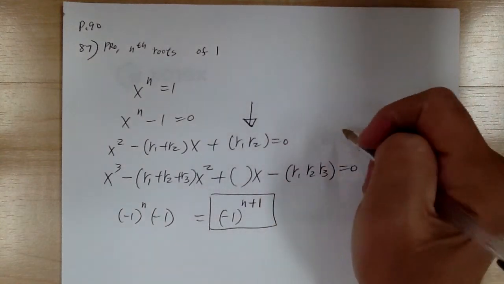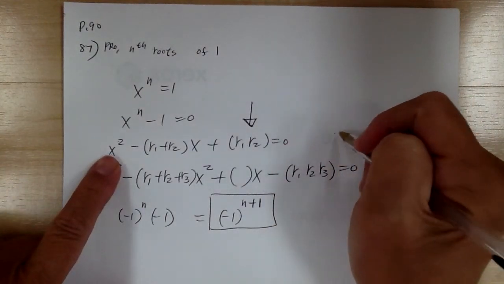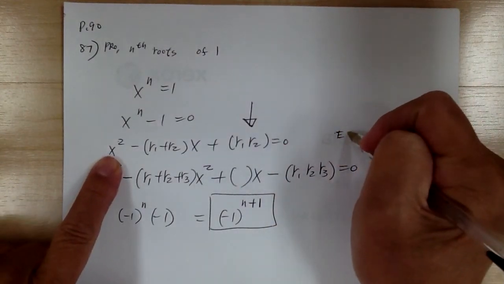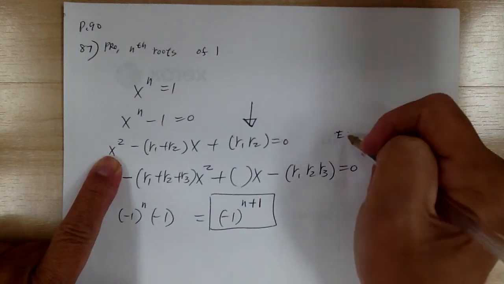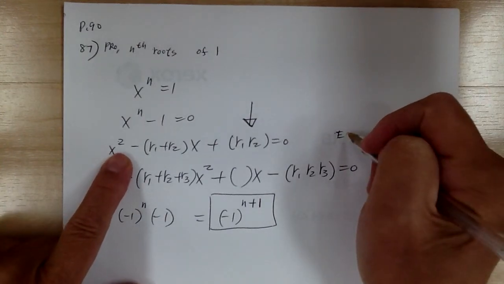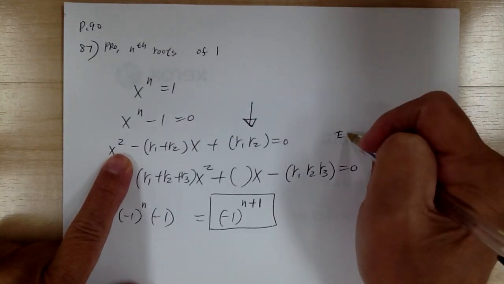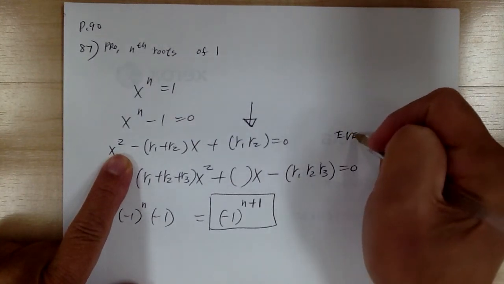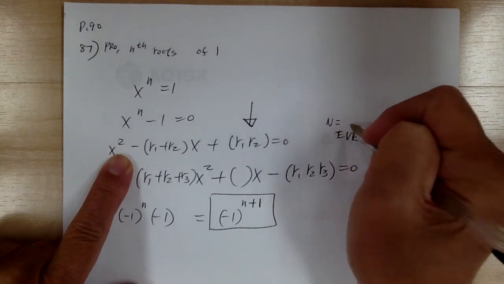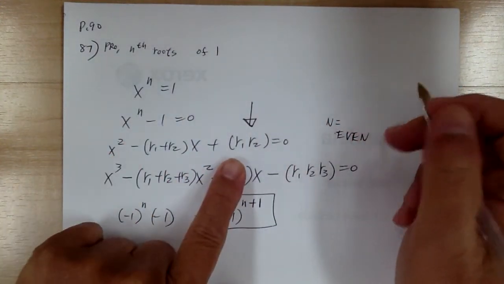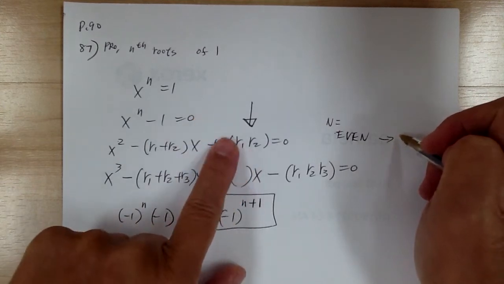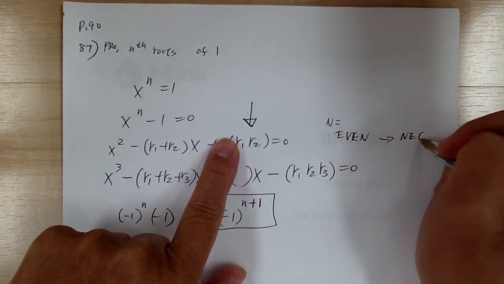Again from here, when n is even, the product will equal negative.